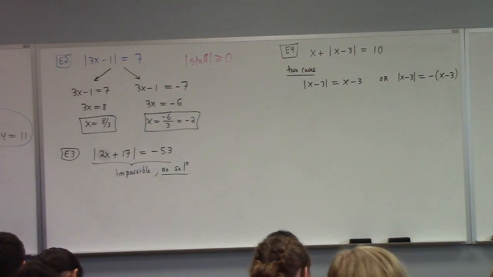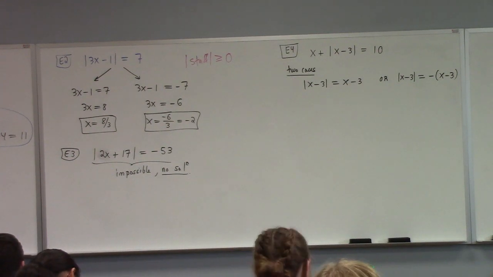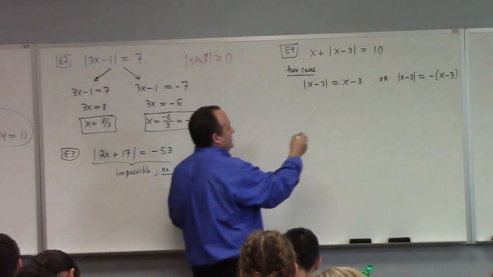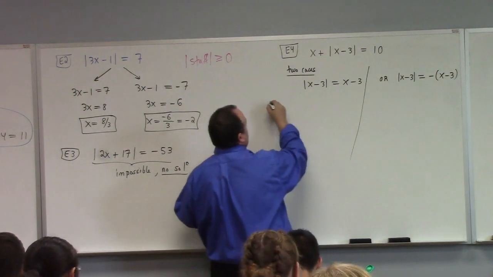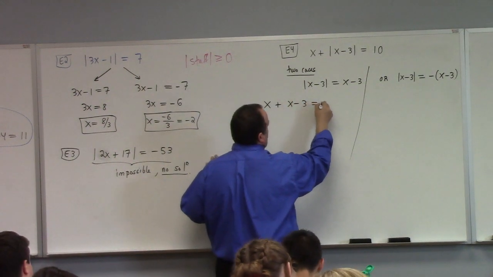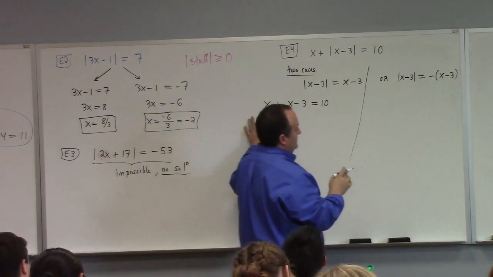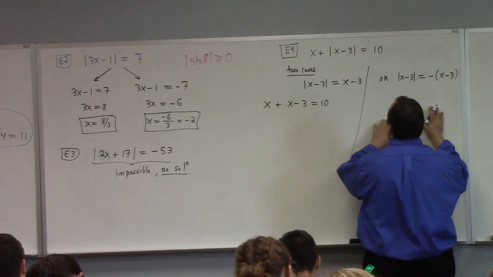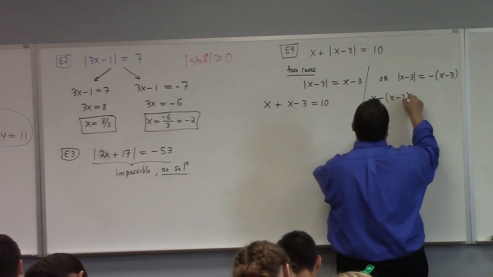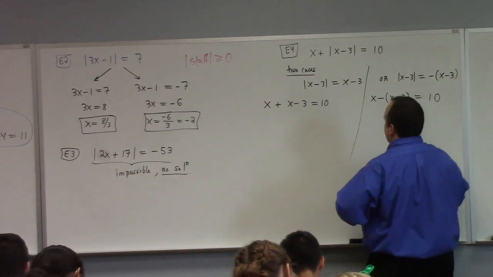Those are your choices. So those are the two paths to go down. Those are the two solutions to try to seek. So let's do it. We've got x plus x minus 3 equals 10 on the one hand. But on the other hand, we've got x minus x minus 3 equals 10 over here.